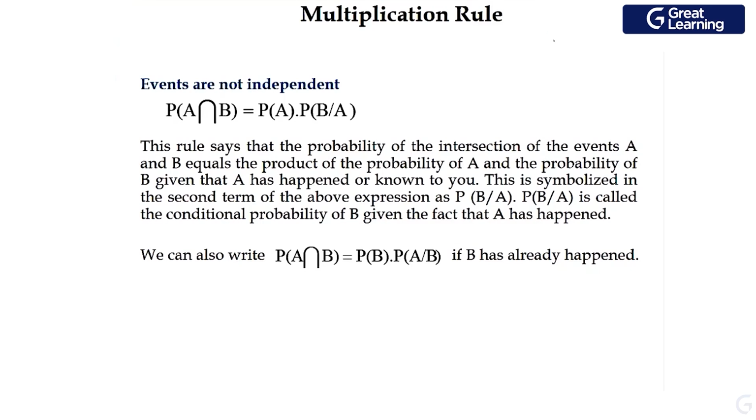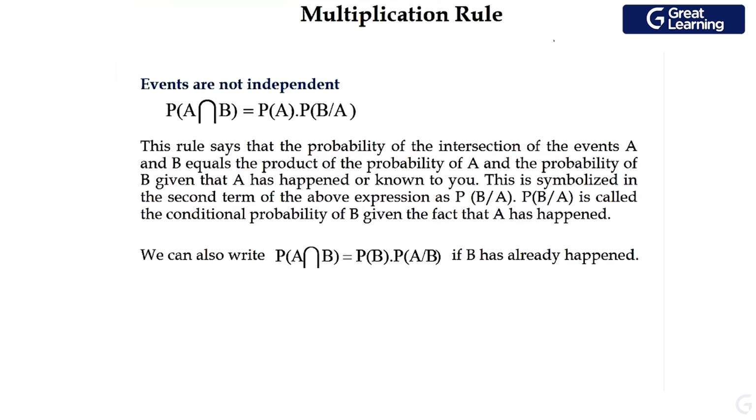You multiply probability of A with B given A, or probability of B with A given B, depending on which one has occurred. If A has occurred, it will be probability of A into B given A, or if B has occurred, it will be probability of B into A given B. And this probability is called conditional probability, which is information power.